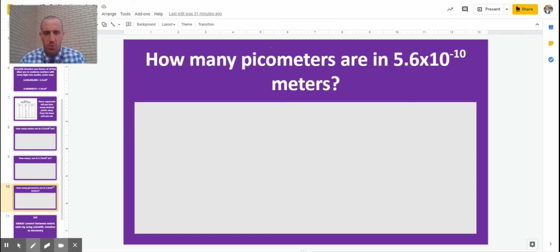Meters are bigger. So you're going from a big unit like meters to picometers, which are tiny. So you're going to multiply. So you have to multiply this crazy number times another crazy number, 1 times 10 to the 12th.